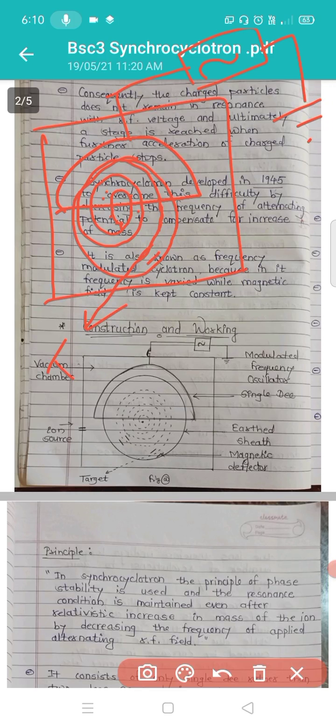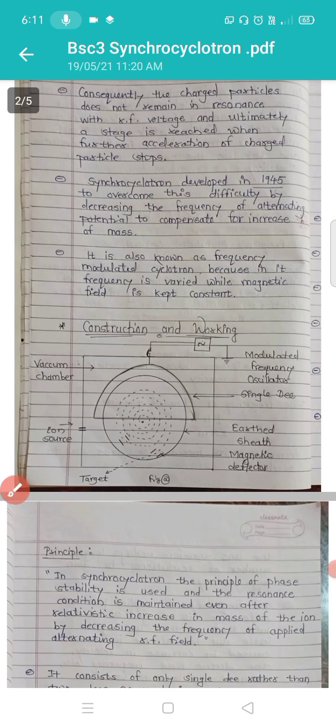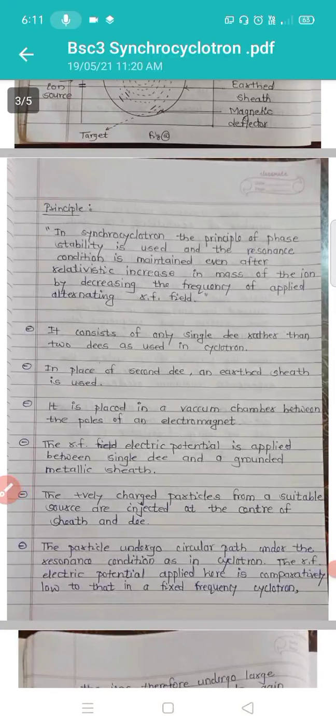Then what are the advantages and disadvantages of the synchrocyclotron? Due to the use of only one D, there is sufficient space in the vacuum chamber for the ion source and target.